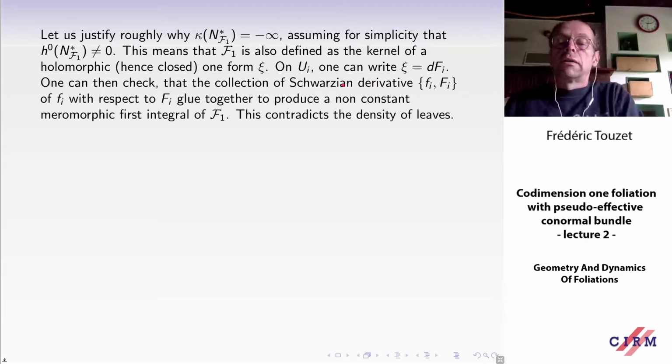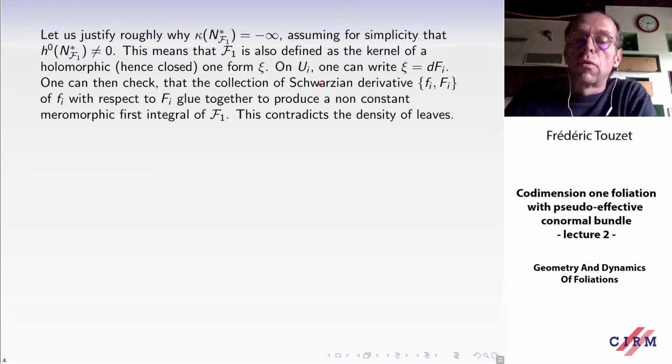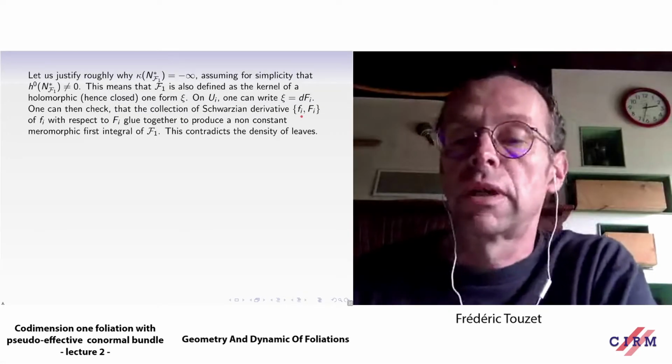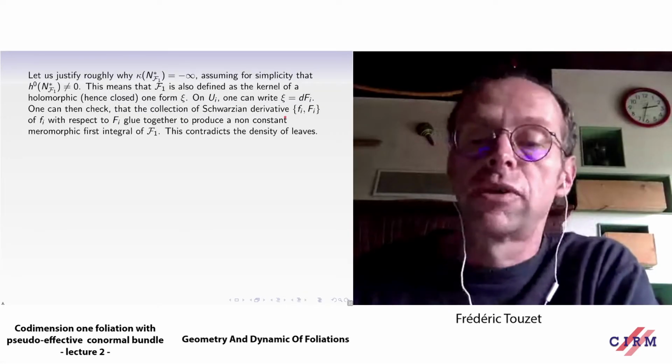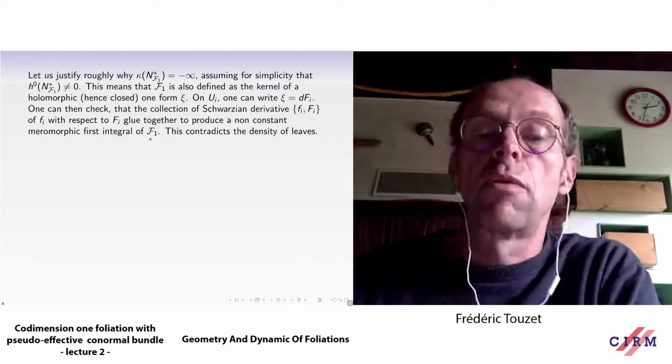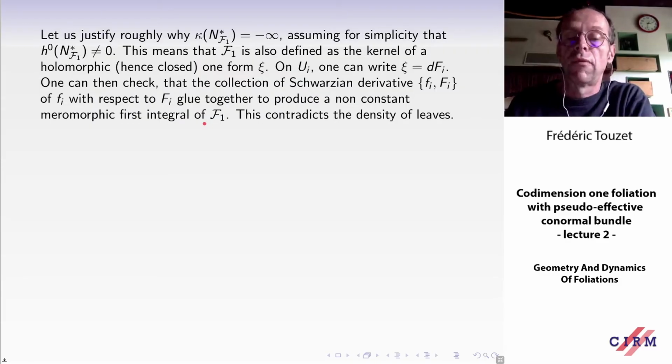By applying the rule of Schwarzian derivations, we can easily observe that the Schwarzian derivative of small f_i with respect to capital F_i produces a non-constant meromorphic first integral of our foliation.